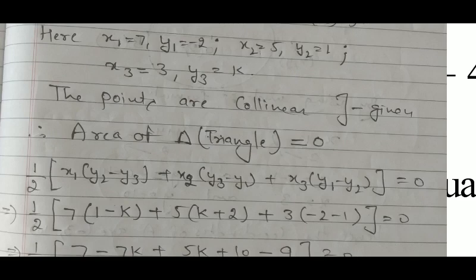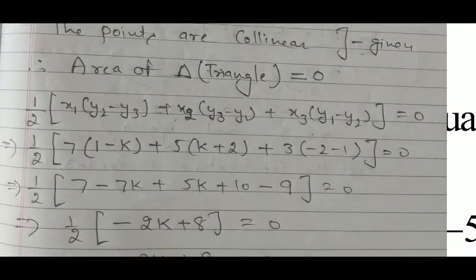After putting the values, you can see we will get here 1 by 2 [7 into (1 minus k) plus 5 into (k plus 2) plus 3 into (-2 minus 1)] equals 0, and simplifying the left hand side, we will see here 1 by 2 into (7 minus 7k plus 5k plus 10 minus 9) equals 0.